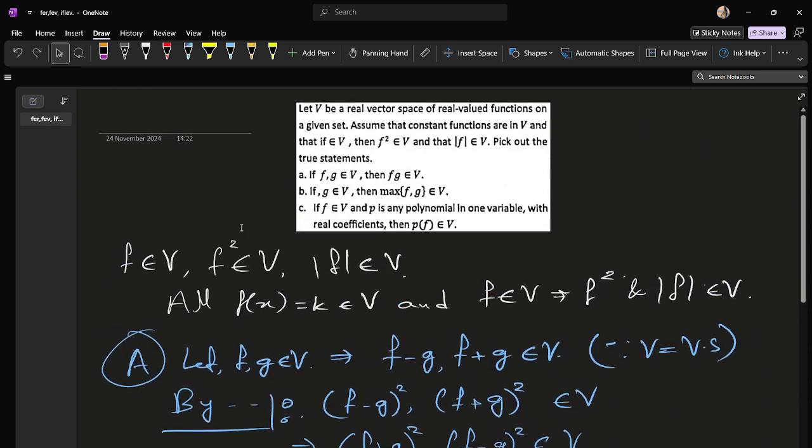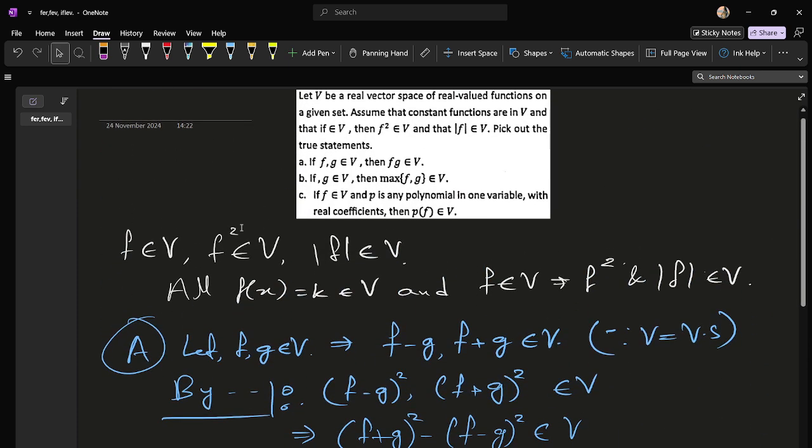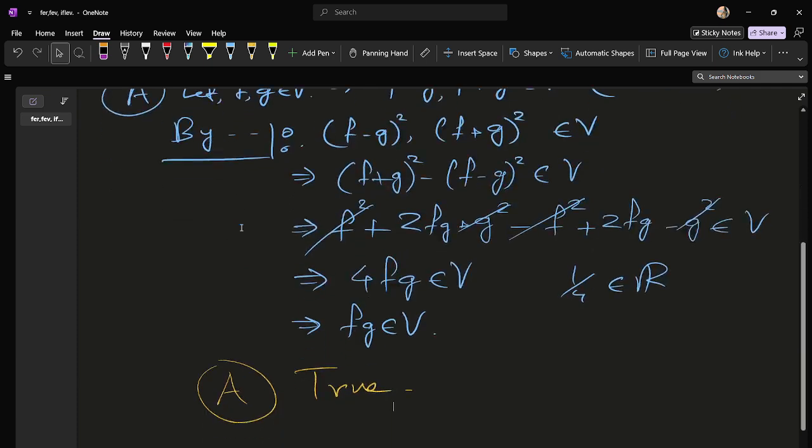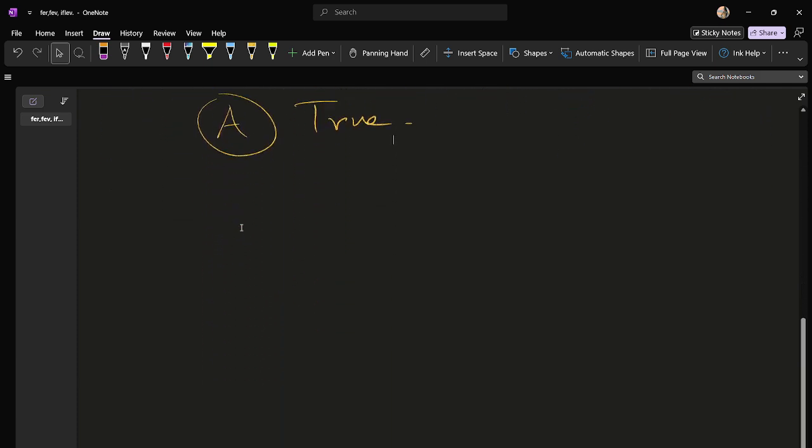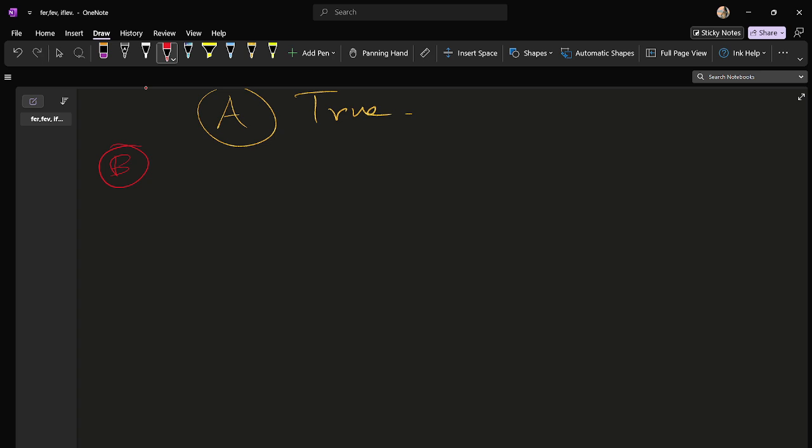Now we are going to option B. Option B tells us, if f and g belong to V, there is another typo in that question, then the maximum of them will also belong to V. I'm going to try it. The maximum of it will be what?